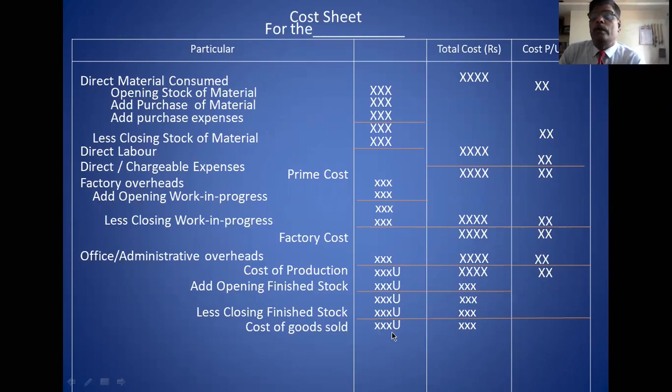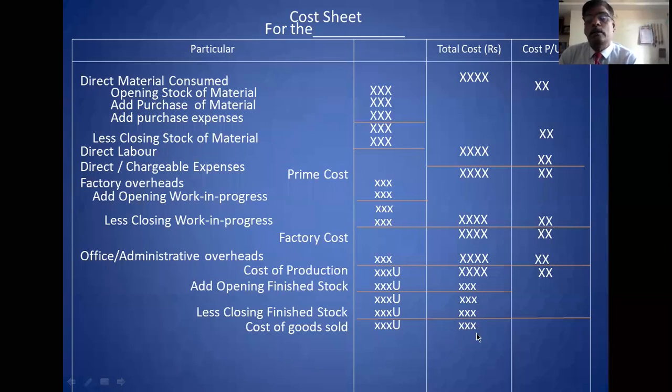The balance here represents the number of units sold in the given period, and this is the cost of goods sold.